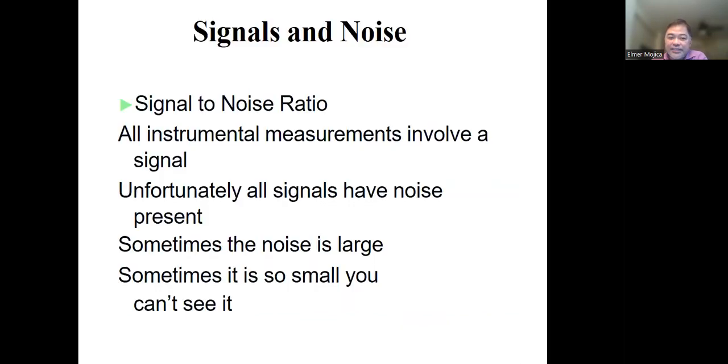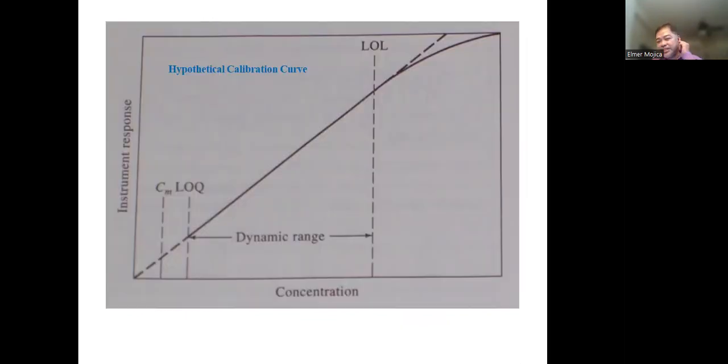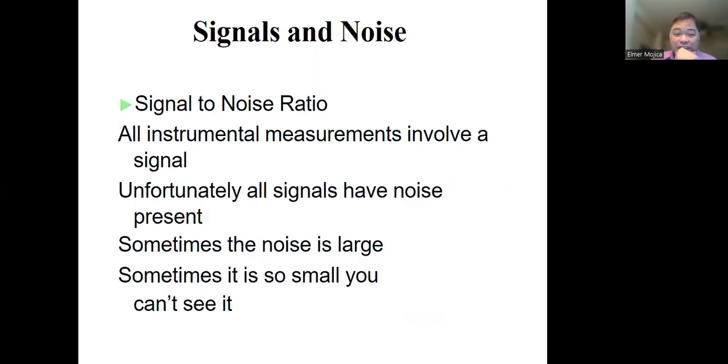linear sila. Okay? So the main topic that I have today is yung tinatawag na signals and noise. Because I think this may come up in your board exam. Okay? So if you're going to look into consideration, when you do analysis, sabi nila itong analytical data may dalawang component.